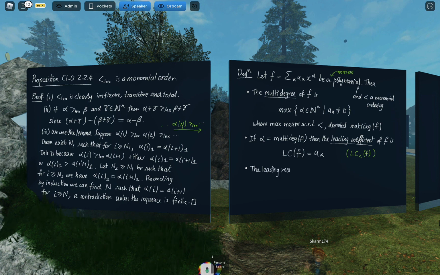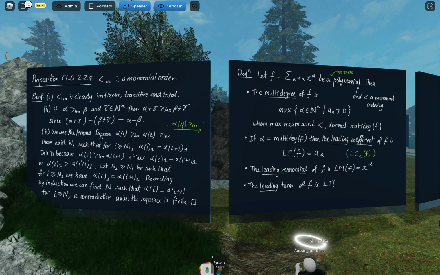The leading monomial of f, written LM, is the x to the alpha, and the leading term of f is that term, LT. Okay, so leading coefficient, leading monomial, leading term, multi-degree. You just have to remember this terminology.